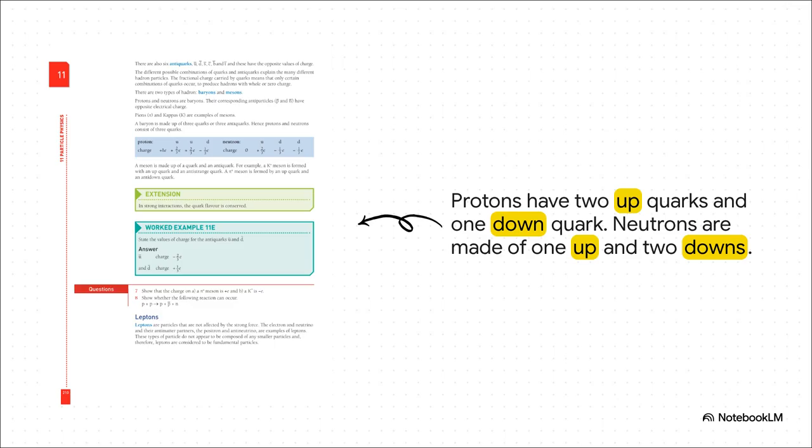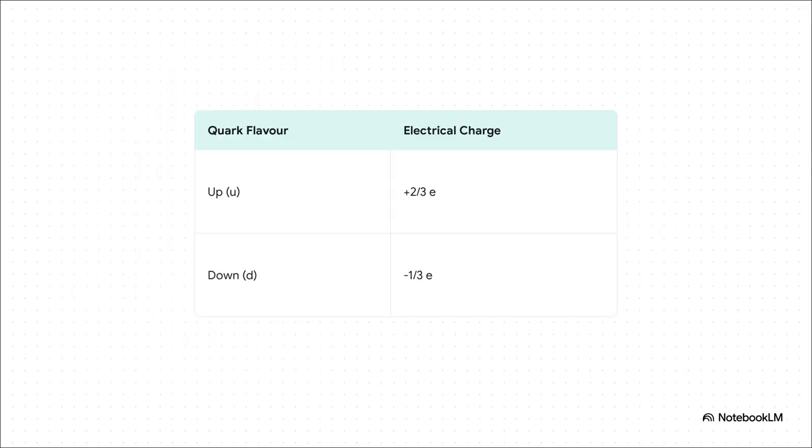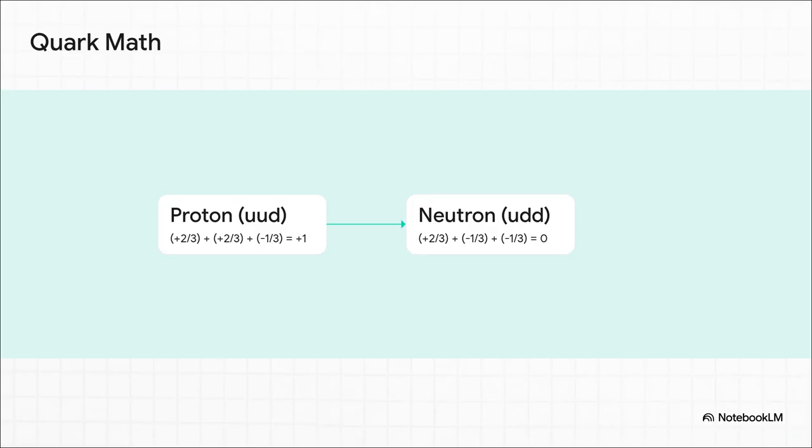That's incredible. And this is where things get really weird, in the best way possible. Quarks have fractional electrical charges. An up quark has a charge of +2/3, and a down quark has -1/3. Before we discovered quarks, no one had ever seen a particle with a charge that wasn't a nice, simple whole number. And those weird fractional charges are so important. Come on, let's do the math real quick.